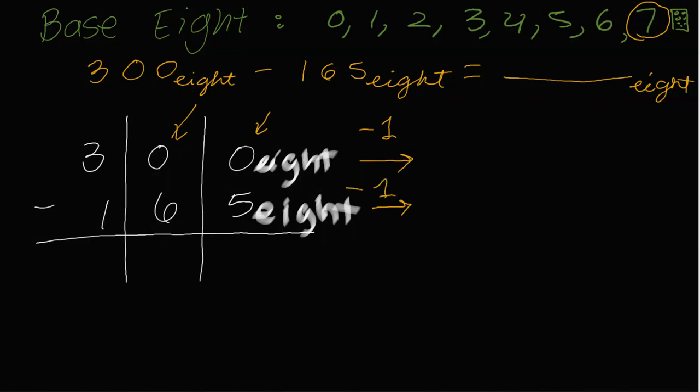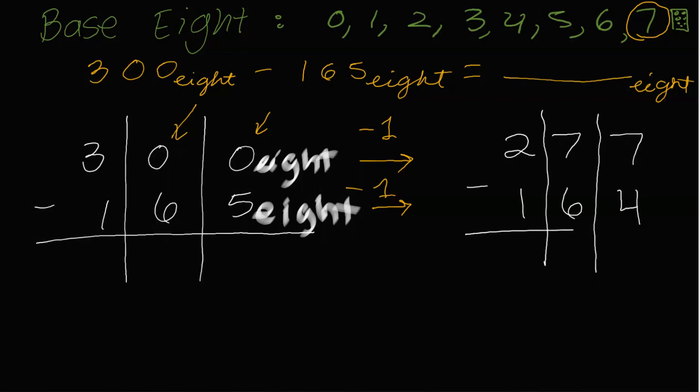So if I was to slide back 1 unit, what do I have? Instead of 300, I would have 277. And instead of 165, I'll have 164. Let's see if you understood that concept there. Where did 7 come from?